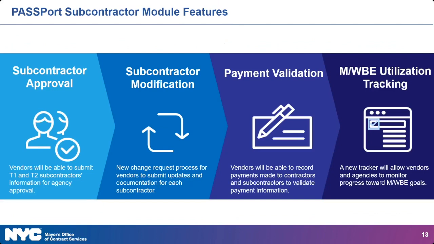Payment validation allows prime vendors to record their payments to Tier 1 subcontractors and Tier 1 subcontractors to confirm their payment from primes. And finally, MWBE utilization tracking. This allows agencies and their vendors to track progress toward MWBE participation goals. MWBE stands for Minority or Women-Owned Business Enterprise. Today's training will cover the first three topics.